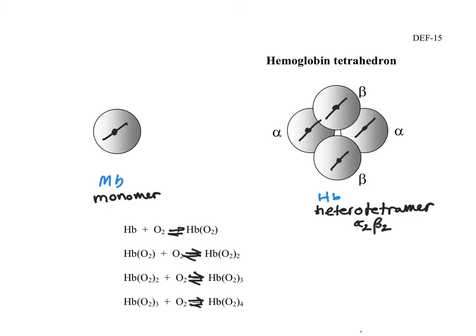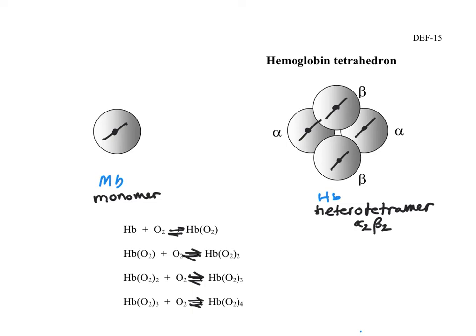It can carry no passengers and be empty. It can carry 1 passenger or 2 or 3 or 4 passengers. Hemoglobin is limited. It only has 4 spots for oxygen to sit, just like a taxi cab might only be able to handle 4 people as passengers. So what we have here is different structures and different functions, and a much more complex situation with hemoglobin.